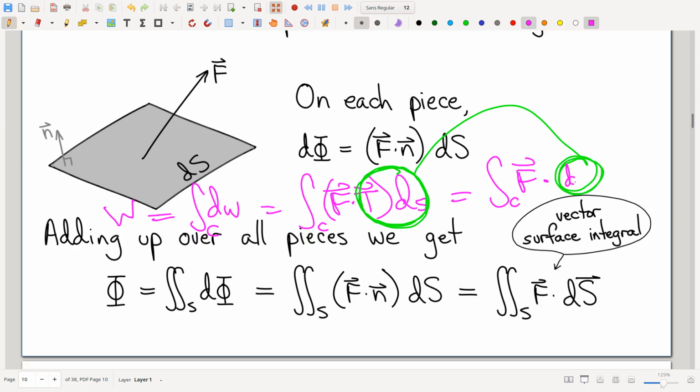We'll call it the dx vector. There are different points of view on how to think about the dx vector, but the point of view I'm going to push here is that the dx vector is a vector representing everything you need to know about the piece of domain. The direction is the direction of the orientation. The magnitude is the size of the little piece. That's our dx vector.